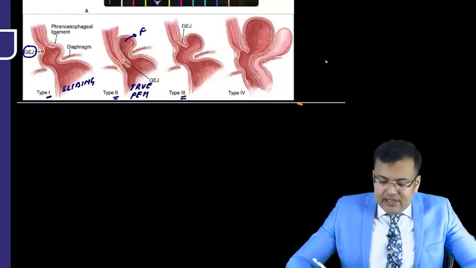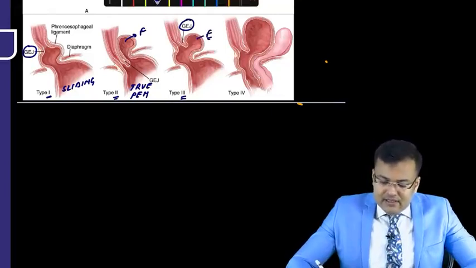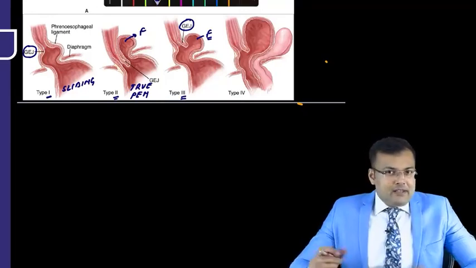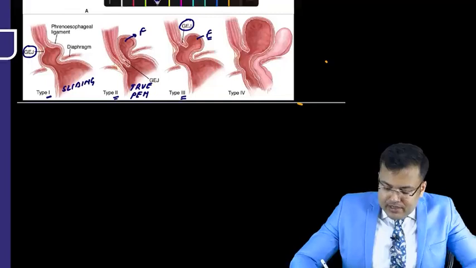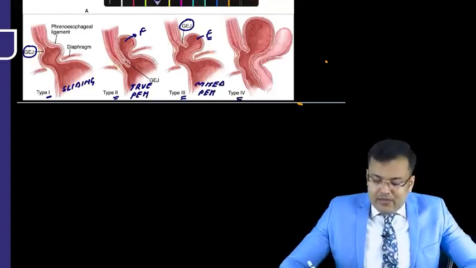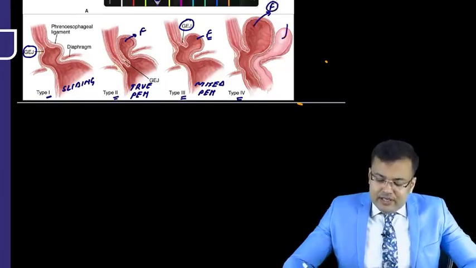In type 3, you can see there is herniation of both the GE junction as well as the fundus. Since there is herniation of both, this is mixed paraesophageal hernia. And what about type 4? You can see apart from herniation of the fundus of the stomach, there is herniation of small intestine also.